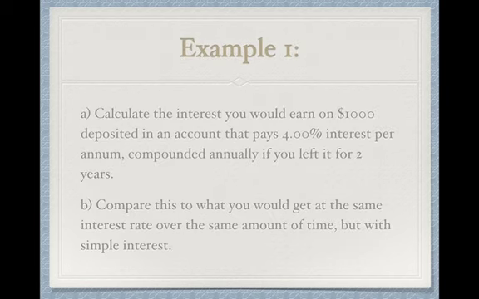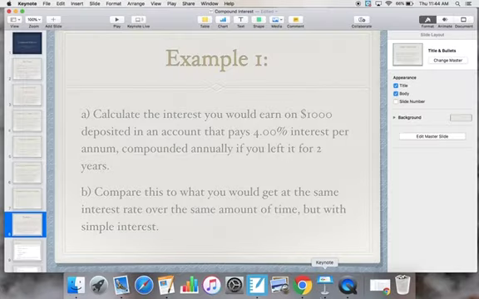All right, so let's get into some examples. The first one is: calculate the interest you would earn on $1,000 deposited in an account that pays 4% interest per annum compounded annually if you left it for 2 years. I'll do this one up on the board.